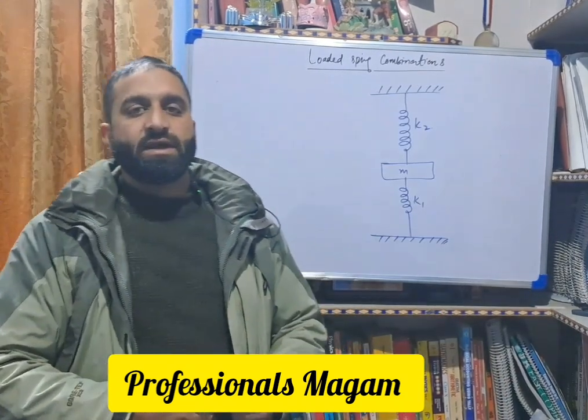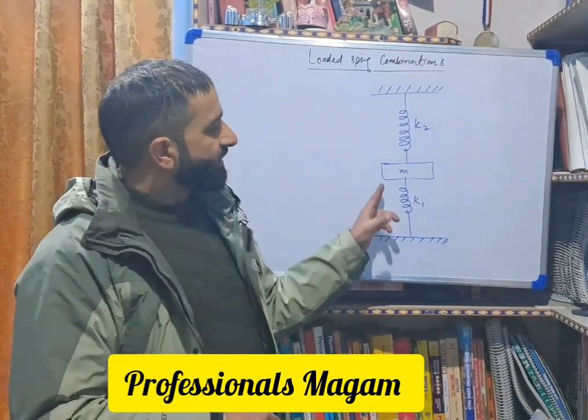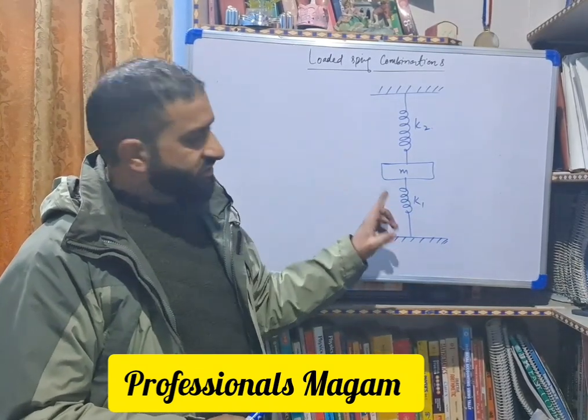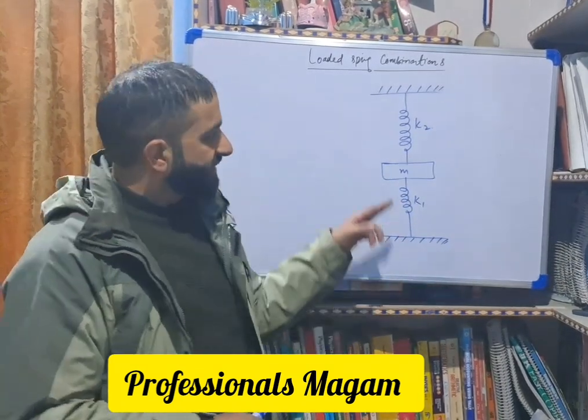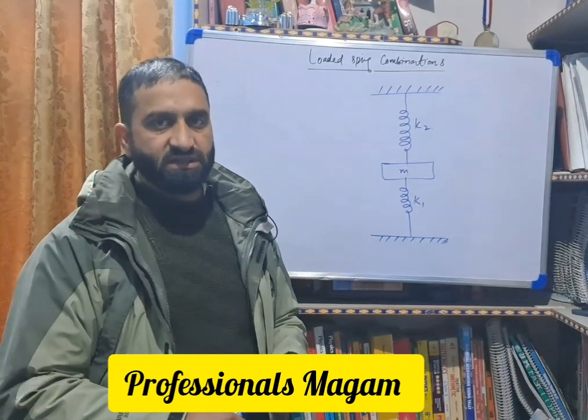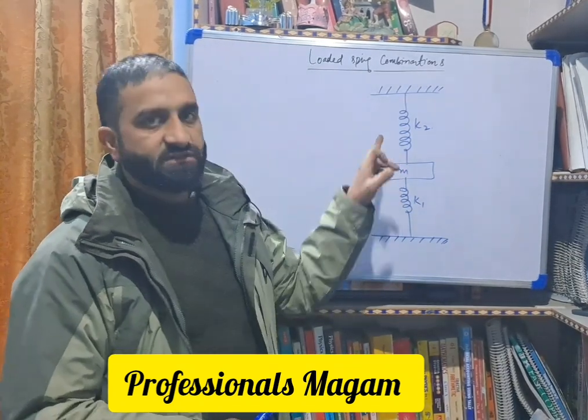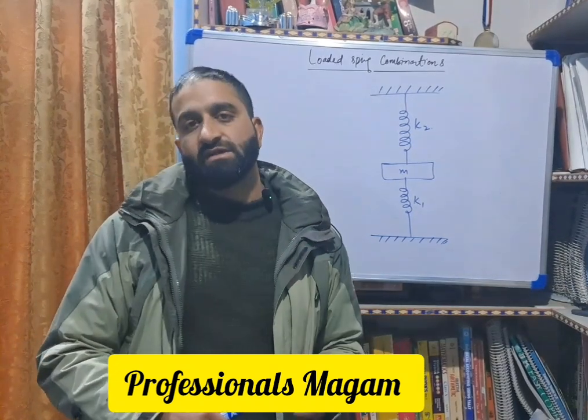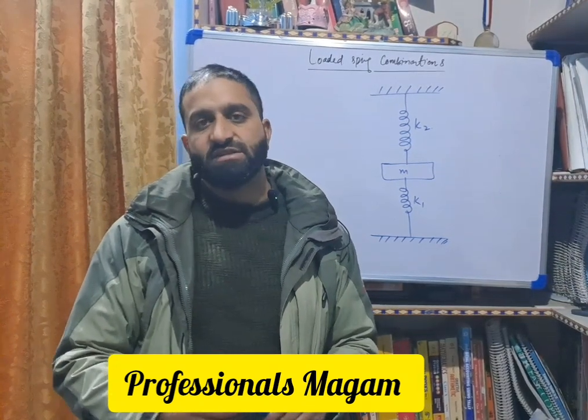Taking a look at case number 3, we have a mass that is placed between two springs. Those springs are attached to rigid supports. That means when mass M is displaced, this will compress and this will extend. So the displacements of both springs will be the same.